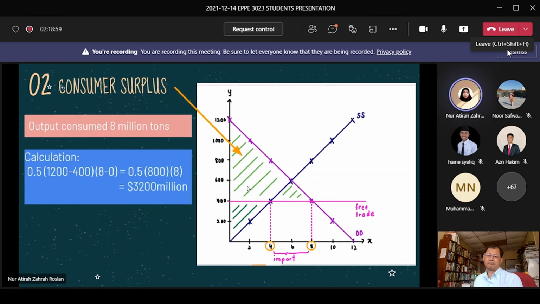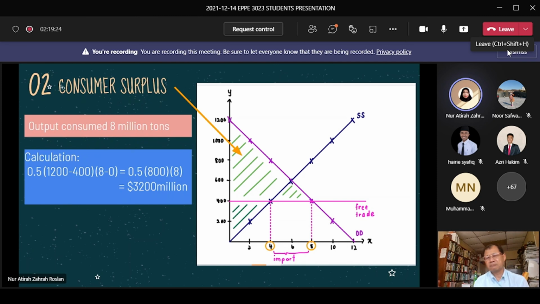Then for the next slide, consumer surplus. Gila Keluli's consumer surplus before is computed as the area above the price of $400 and below Gila Keluli's demand curve, for the output consumed of 8 million tons.